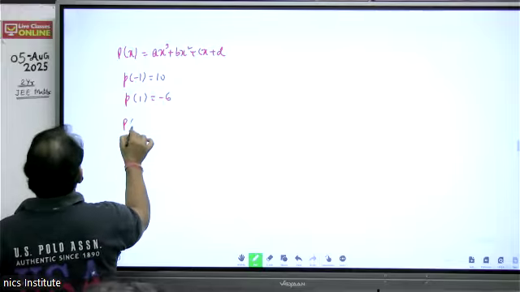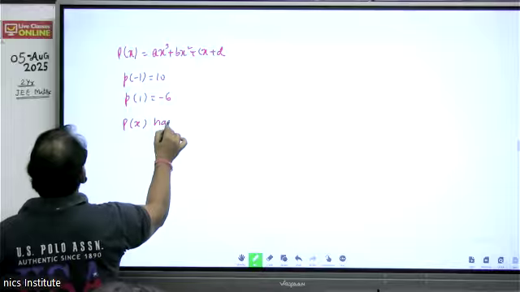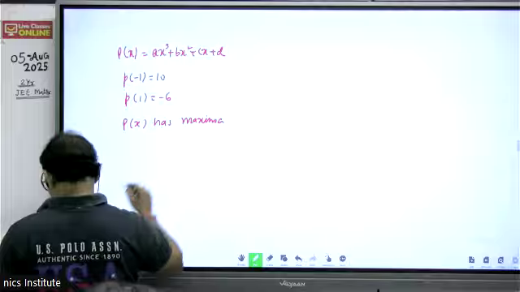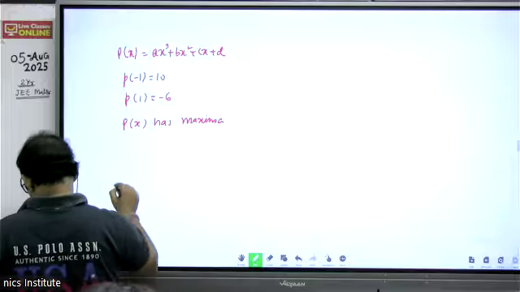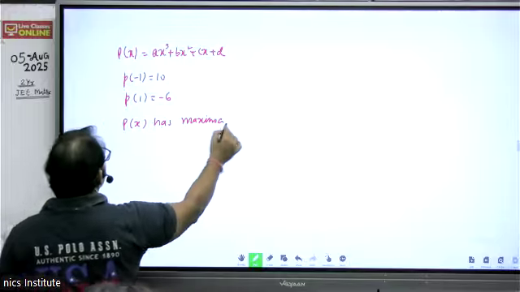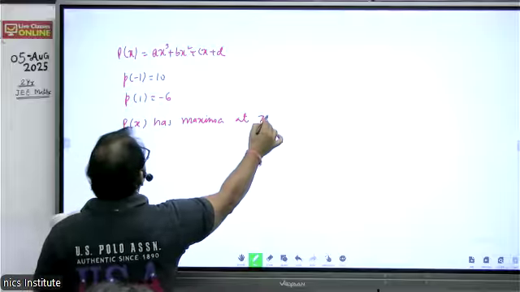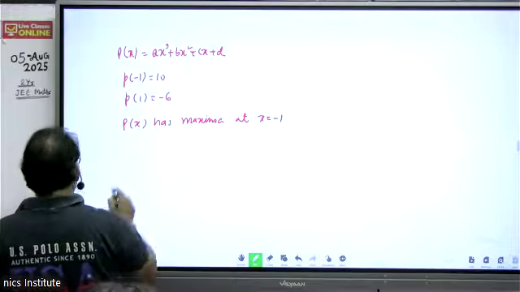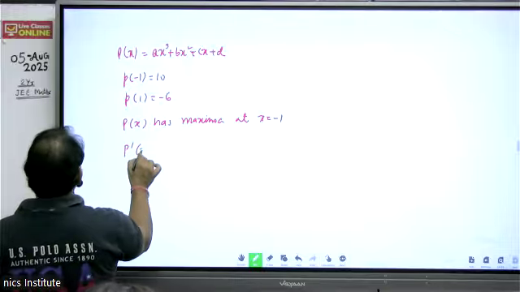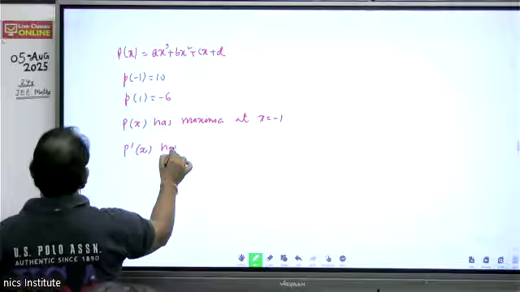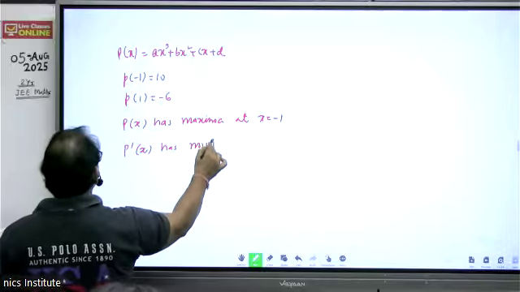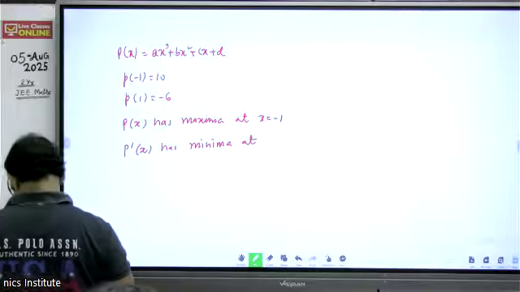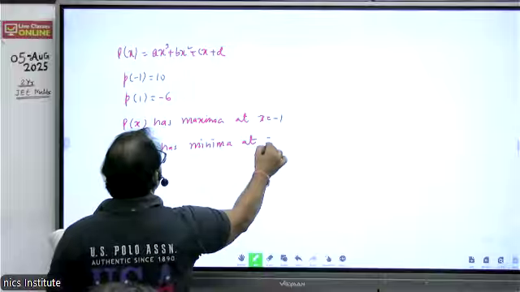And P of x has maxima at x is equal to minus 1 and P dash x, the first derivative, has minima at x is equal to 1.